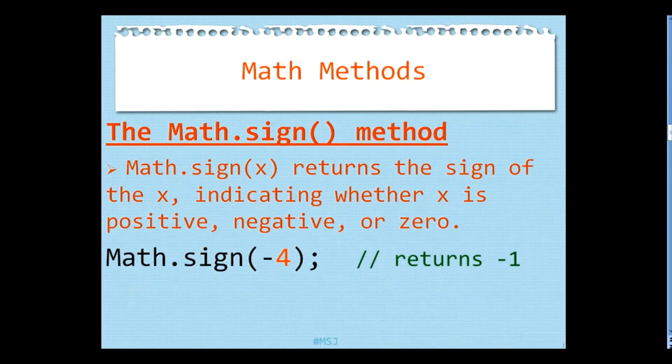Now we look at one more method, the sign method. This method returns the sign of the value x. Whether x is a positive number, a negative number, or 0, we can easily find out by using this sign method. If you write Math.sign of minus 4, since it is a negative number, it returns minus 1.